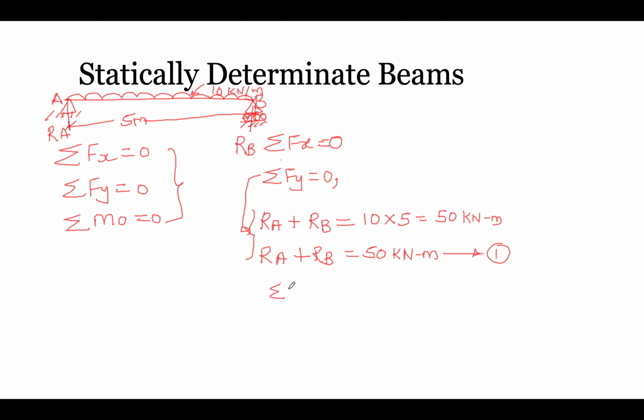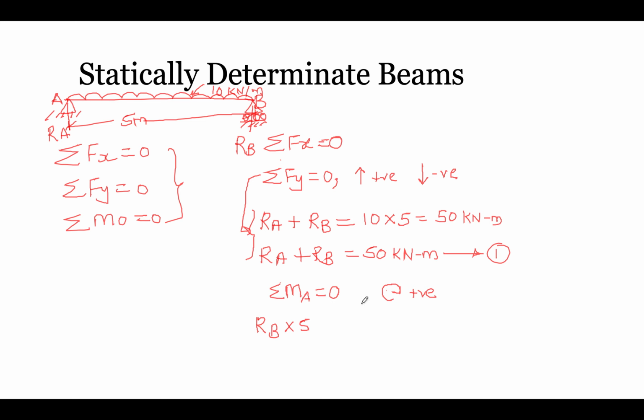Now let's move to summation of moment about any one support, say A, so it is 0. How are we going to write it? We are going to write Rb into 5. Let us assume clockwise is positive, and for the forces, upward is positive and downward is negative.